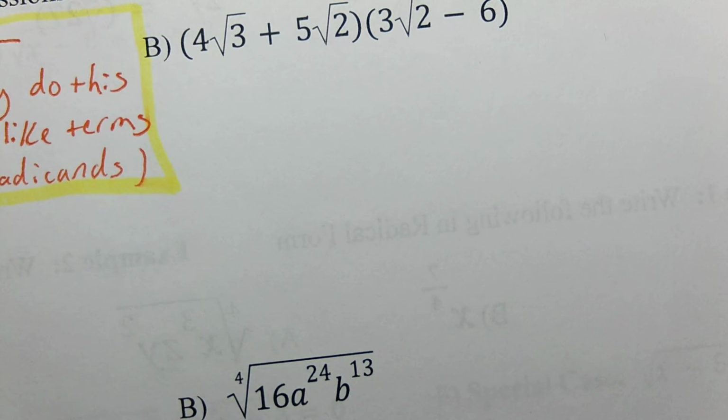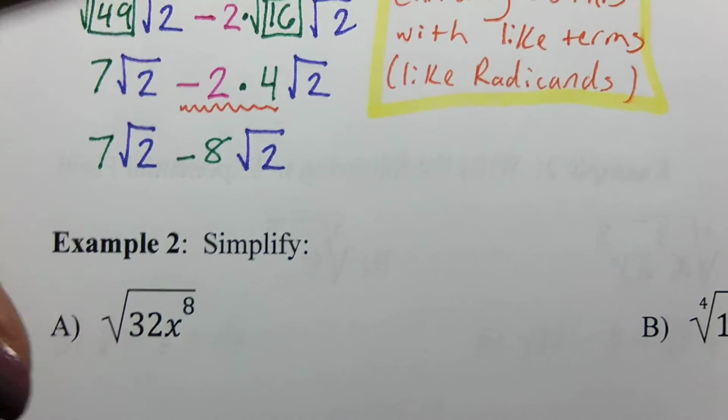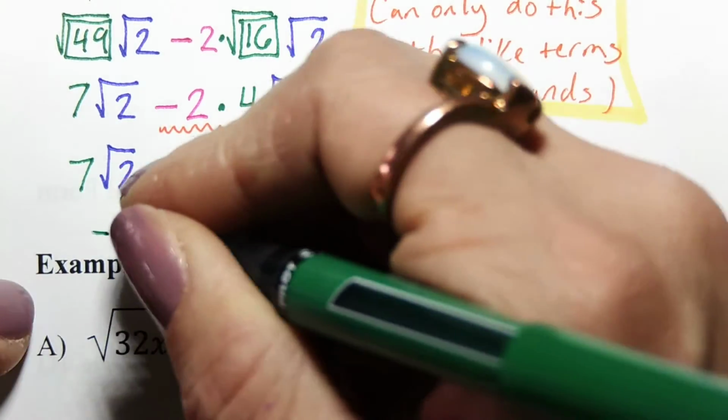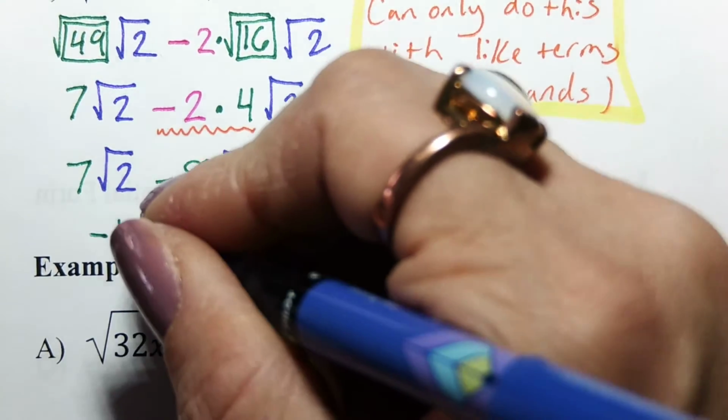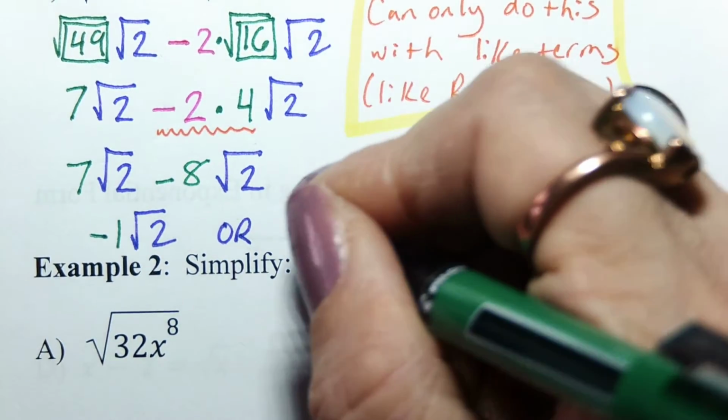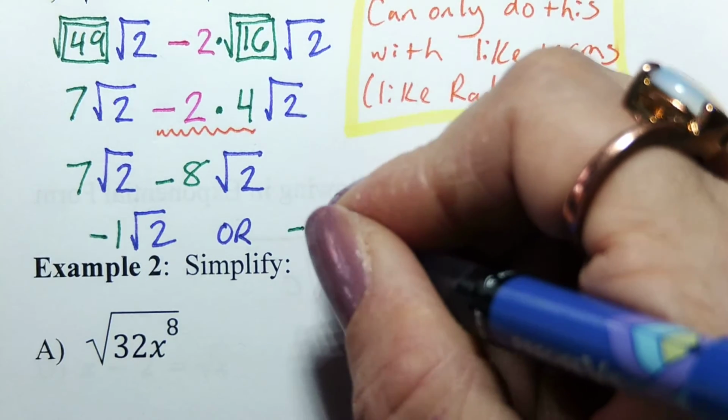Or actually, no, let's go ahead and finish A. Thank you. So if I have 7 rad 2s and -8 rad 2s, how many rad 2s do we have? You can say -1 rad 2, or you can just say negative rad 2. What if they both want 2?